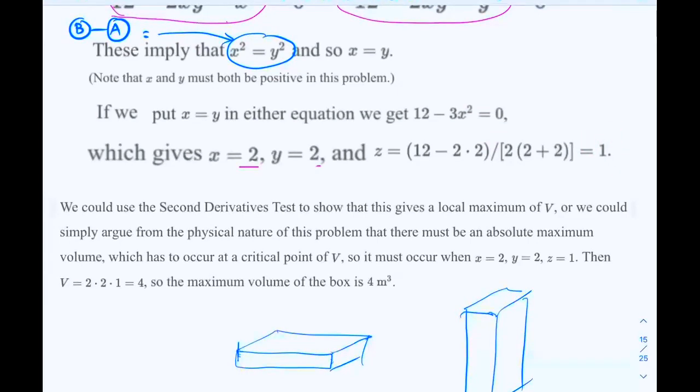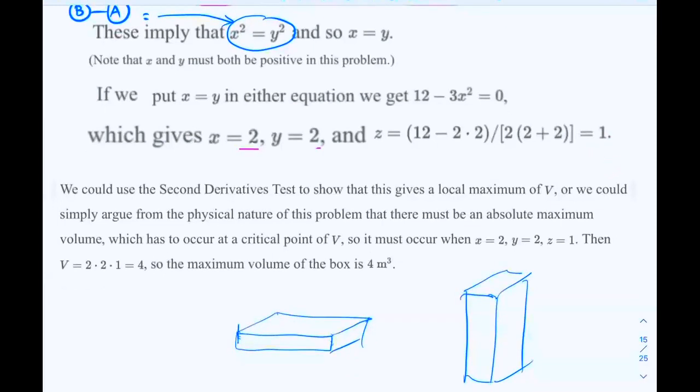We could use the second derivative test to show that. However, we could just argue from the physical nature of this problem that there must be an absolute maximum value, which has to occur at this critical point when x equals 2, y equals 2.